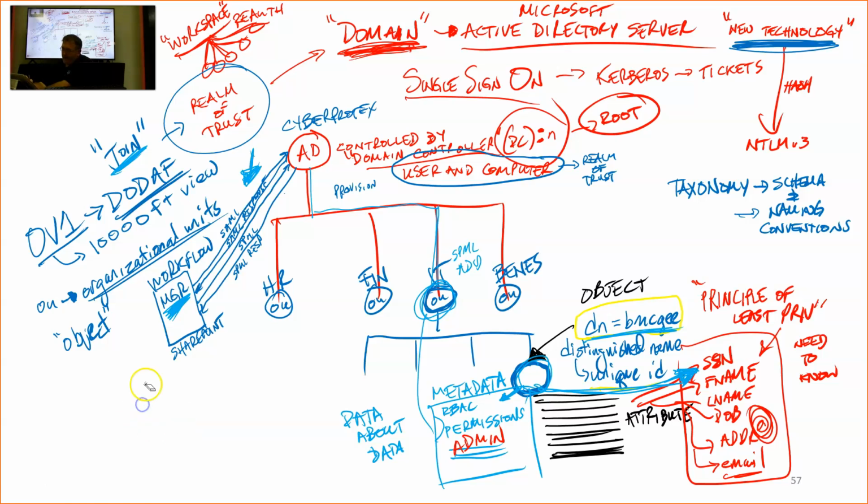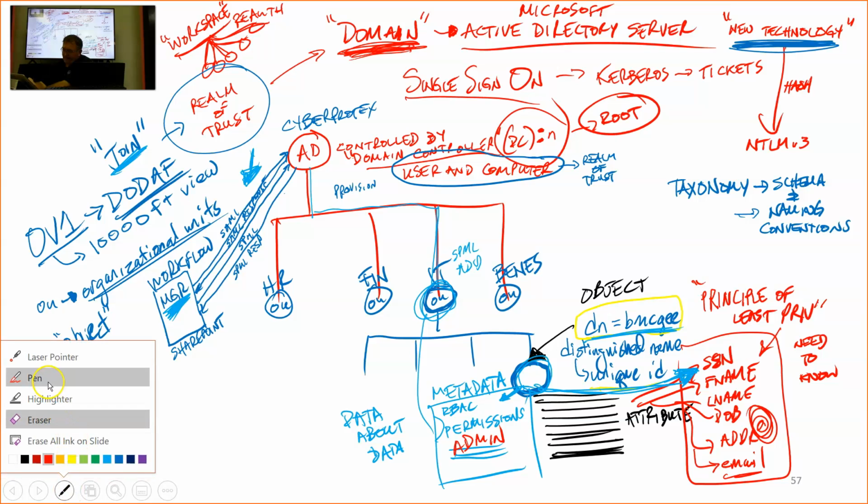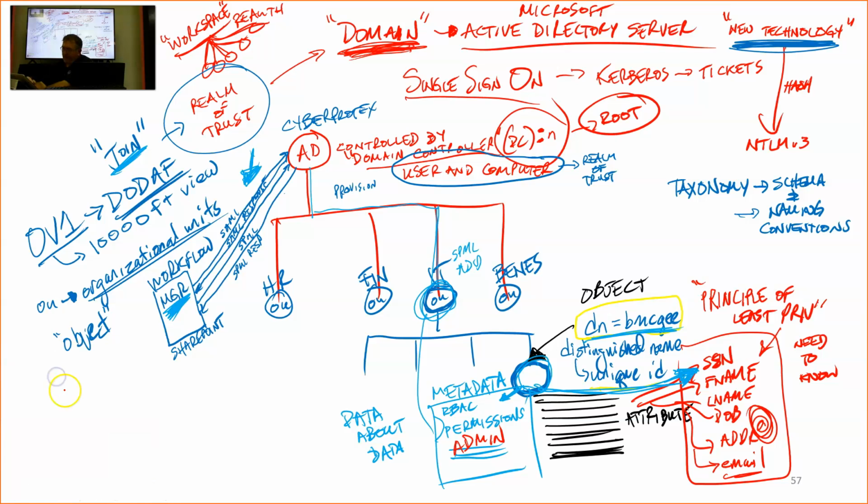So if you try to, you know what I'm going to do here? Hold on. What I'm going to do is, over here, underneath another OU, I'm going to link it up to this right here. Users and computers. Because what we can do is we can put your computer in the domain.